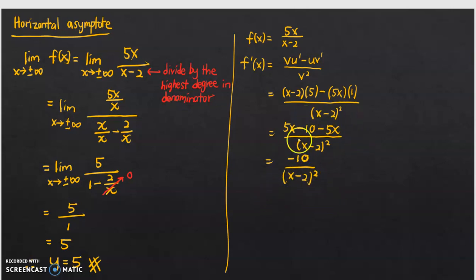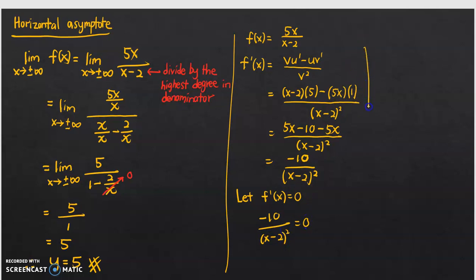So next step, we will try to find the critical value. I will let f prime x equals 0. In this case, it will become negative 10 over x minus 2 squared equals 0.